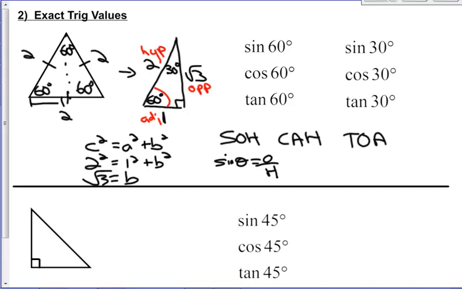Sine would just be opposite over hypotenuse. Cosine would be adjacent over hypotenuse. And the tangent would be opposite over adjacent, which is root 3 over 1. We'll just call that root 3.